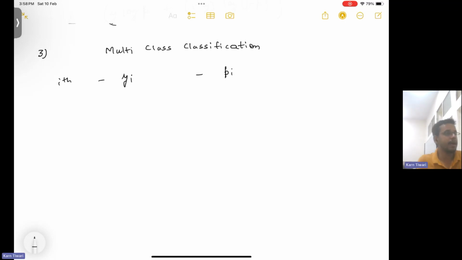They have asked us to write down the formula for multi-class cross entropy. In total there are m classes. Yi is the correct class and pi is its probability of being correct.